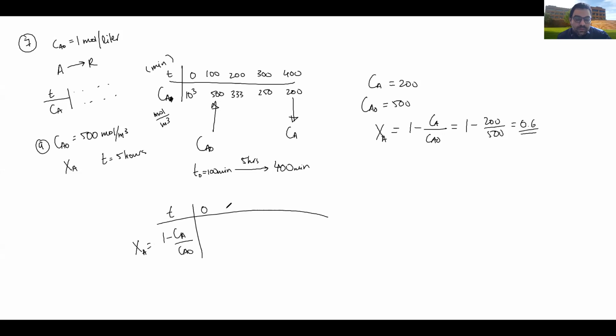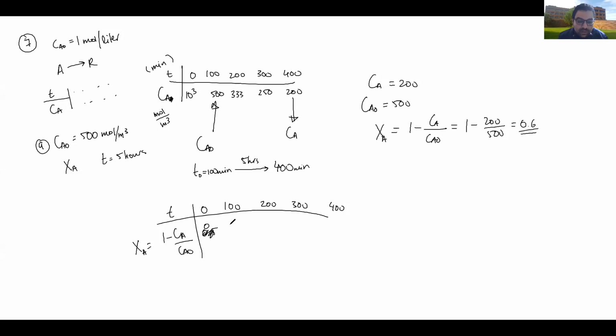From this to that. 100, 200, 300, 400, and then assuming CA naught is 1000, right? So here in this case, I have 1 minus 500 divided by 1,000. So this is 0.5, sorry.